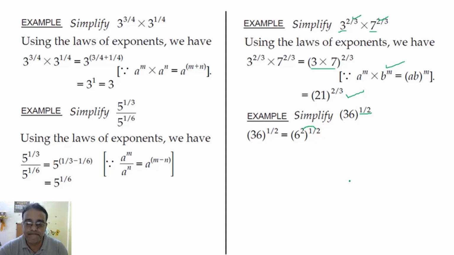(A to the power m) whole to the power n is equal to a to the power m into n. Very good. So 2 into 1/2 will get 1 only. ठीक है, 2 cancel हो जाएगा and we'll get 1 only. And this law we have used. So final answer is 6.